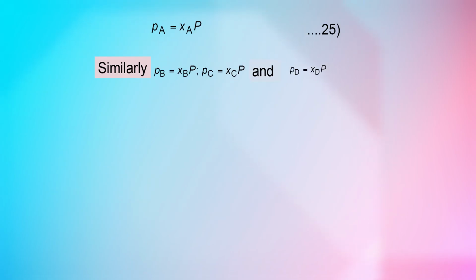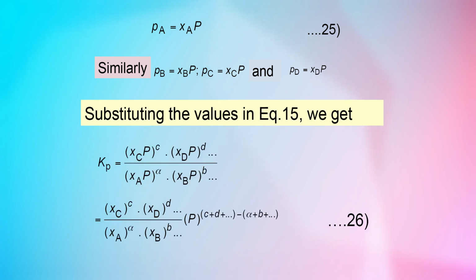Similarly, you can write for PB, PC and PD in terms of partial pressure, mole fraction and total pressure. Now, in this equation 15, if we substitute all these values, writing partial pressures in terms of mole fraction and total pressure, we will get this equation 26, isn't it?